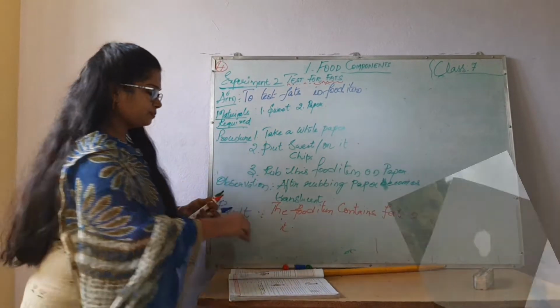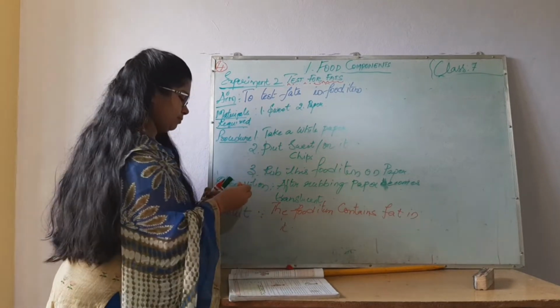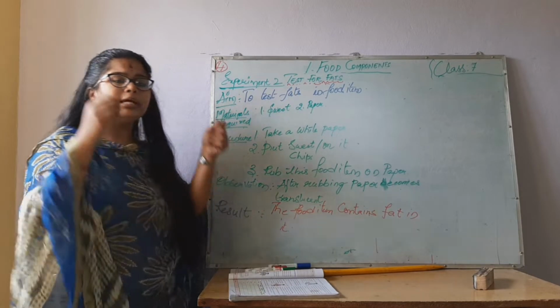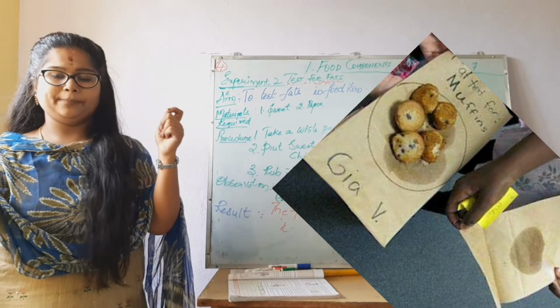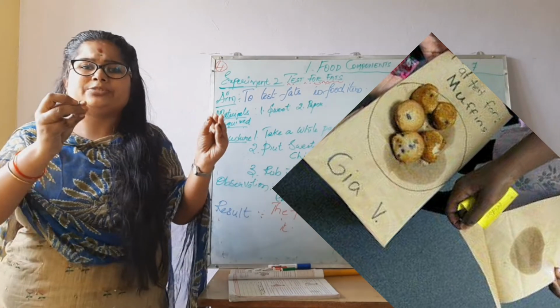So when you see a paper, it is not a transparent paper. So to test whether a food item contains fat or not is very easy.